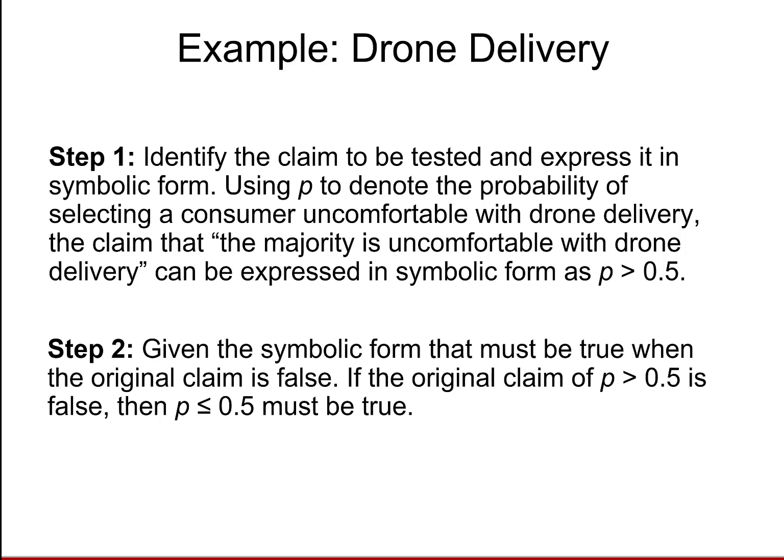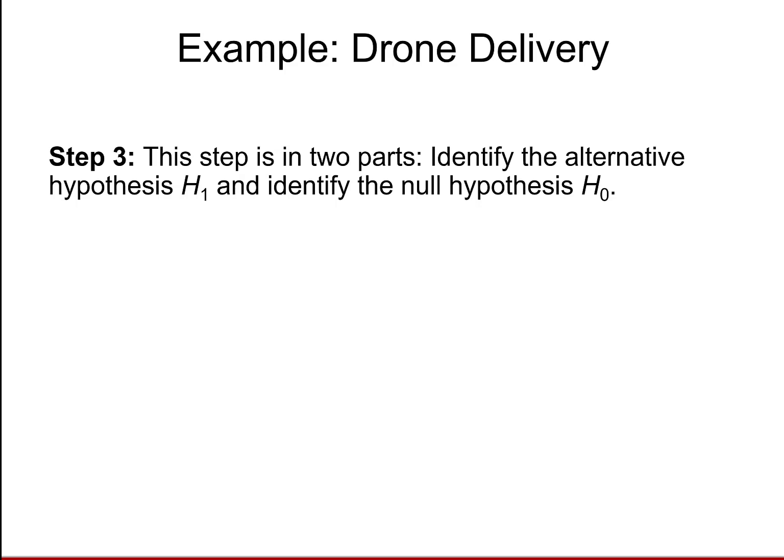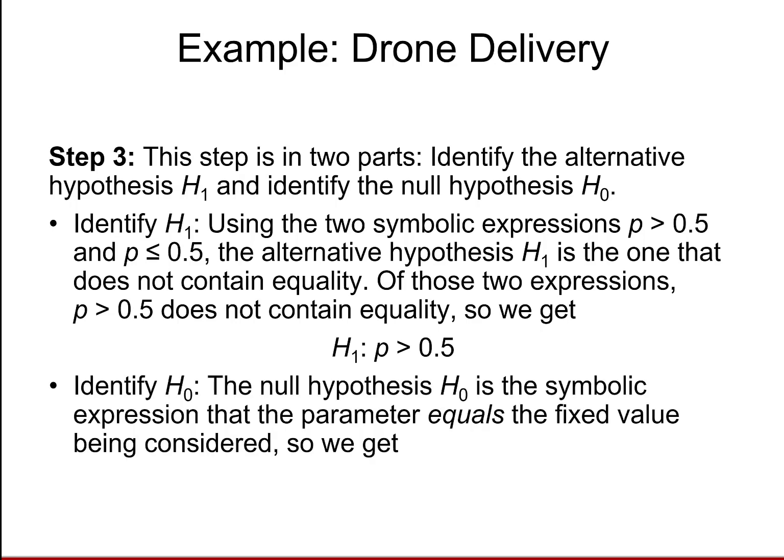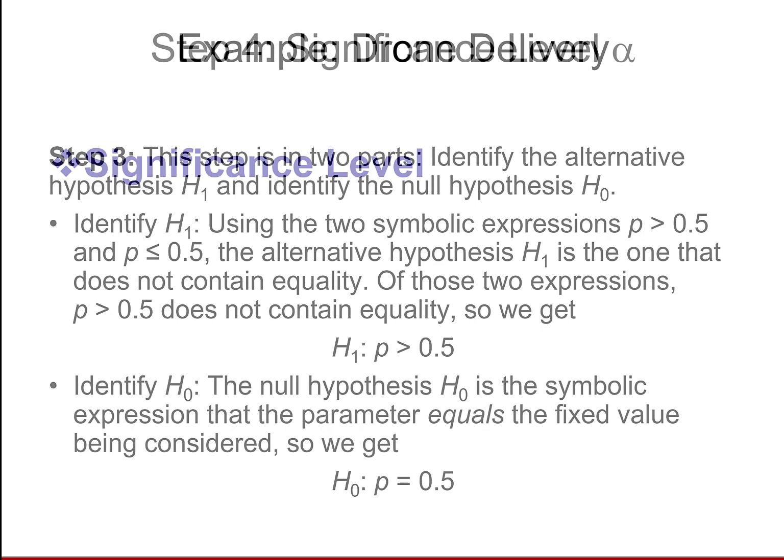So if this claim is false, then the opposite would be P less than or equal to 0.5. And then we want to identify the alternative, and you're going to use a symbolic form here without the equal sign. So that means we're going to use P greater than 0.5 for the alternative, and the null is going to be P equal to 0.5.